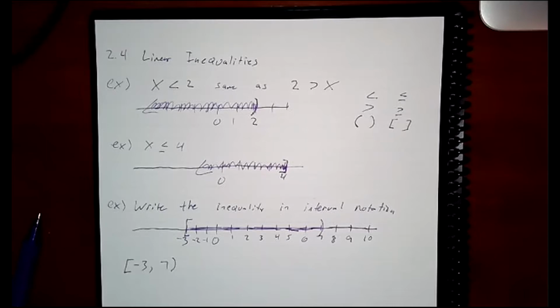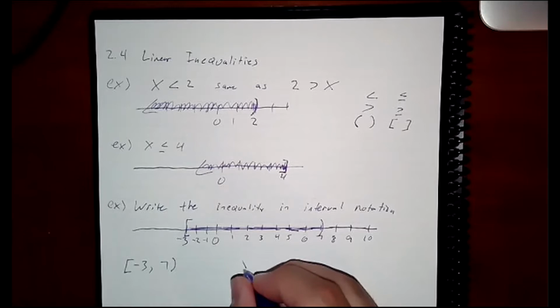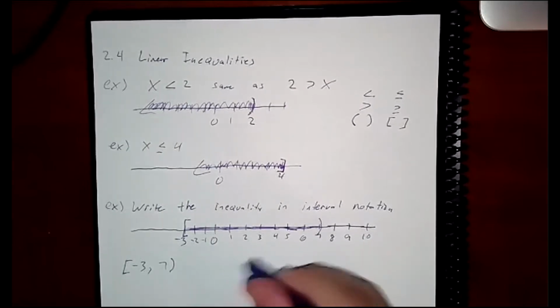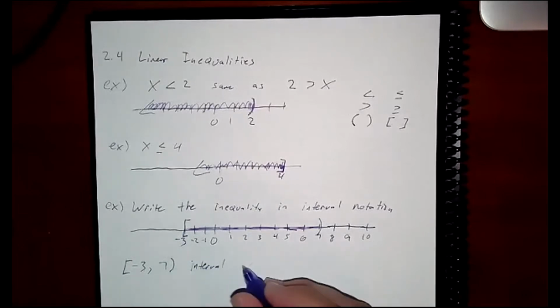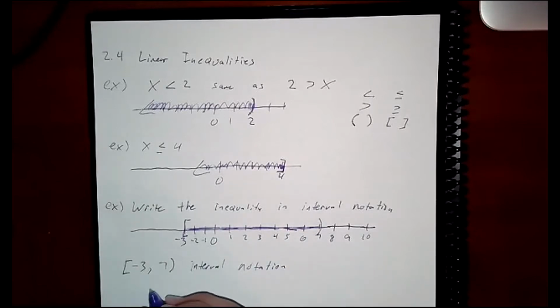Now, as an inequality, you would say that x, so let me write the note first. Interval notation here. The inequality would be x is between -3 and 7.